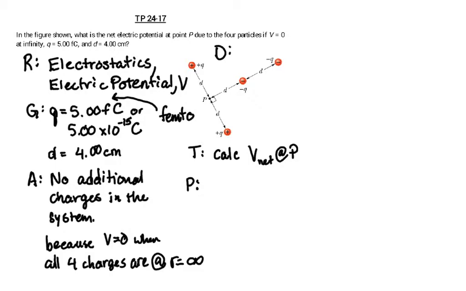And since we have point particles here, that means that our equation is just Coulomb's constant times the charge that is creating the electric potential at point P divided by the distance from that particle to our point of interest, which happens to be point P. To get the net electric potential, then we'll have to add those all up.